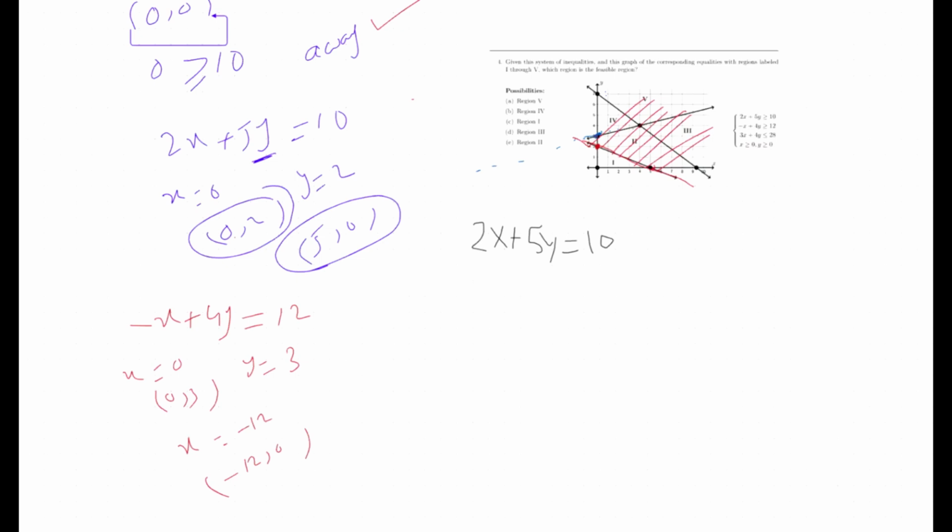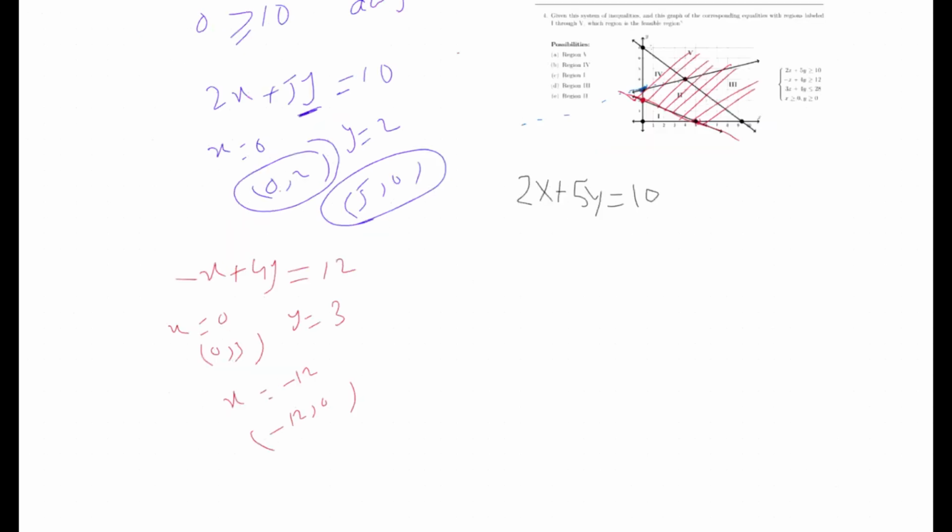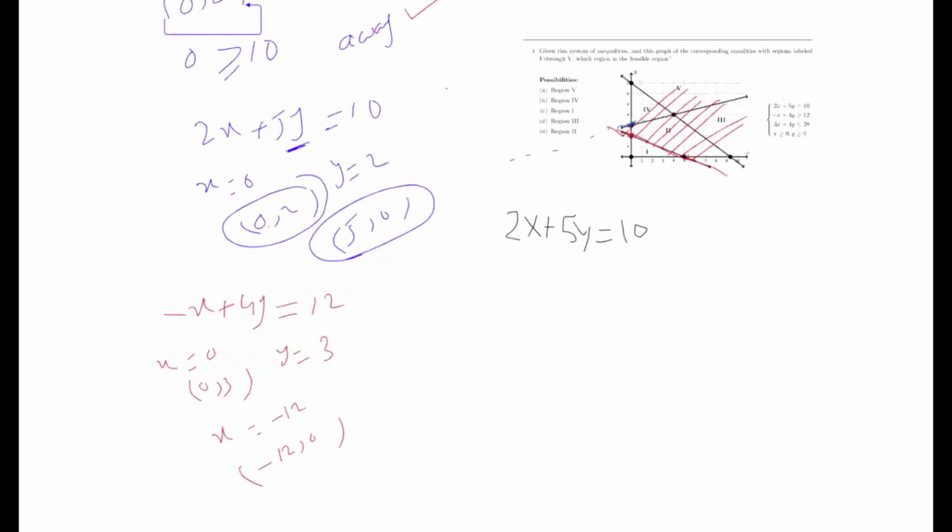We could take any other point, because if you take y equals 0, we get negative 12. But if we take x equals, let's say, 5, 4, 3, whatever you take. Let's take x equals 5.